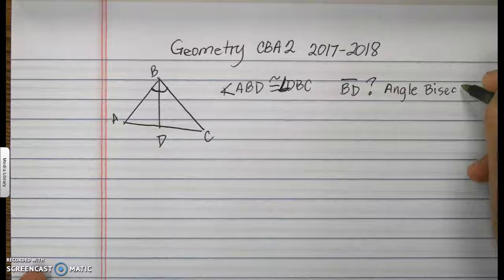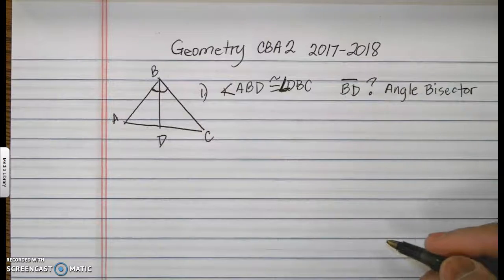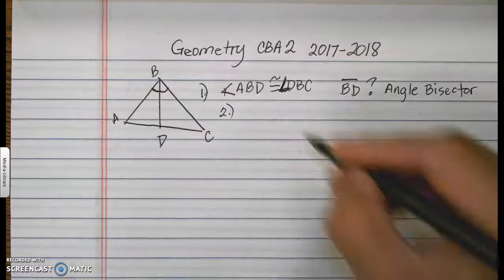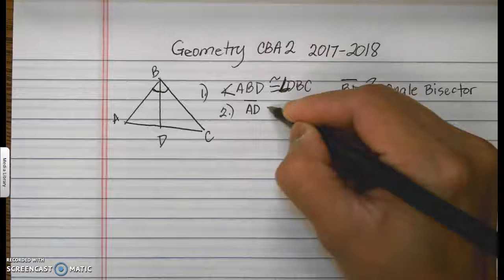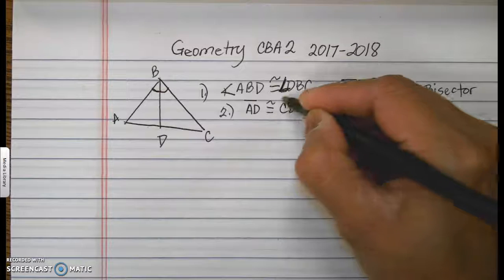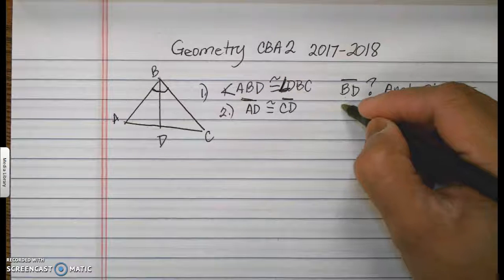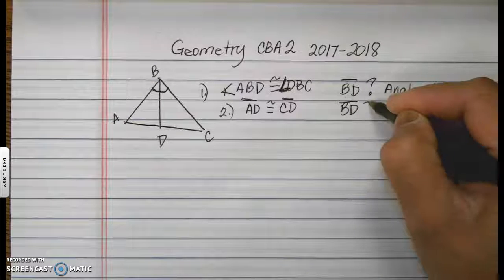Now, another scenario. So that's the first scenario. What if, for the second scenario, I say that AD is congruent to CD? What will that make BD become?